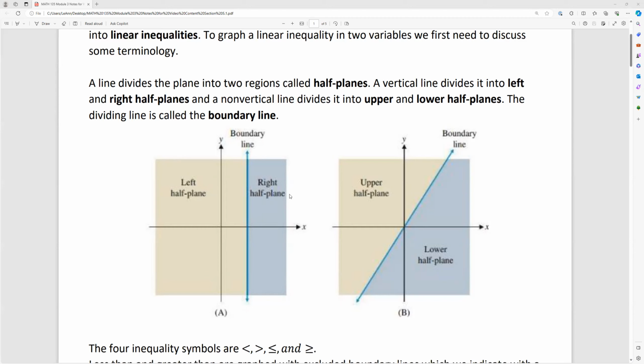If your line is horizontal or slanted, so maybe a positive slope or a negative slope, your boundary line, which is what we call the line that splits those into the half planes, will have an upper and a lower half plane. Now, the easiest way to see that is to find the y-intercept where you cross the y-axis. So that's this one that goes up and down.